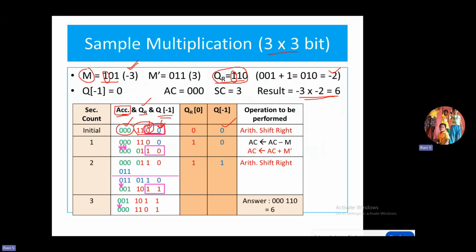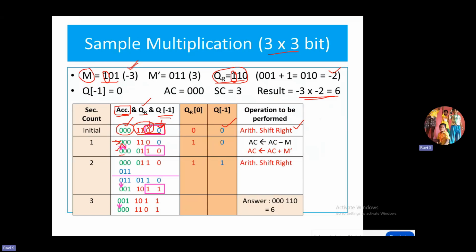What operation is performed for 0, 0? According to the table, arithmetic shift right. No addition, no subtraction, only arithmetic shift right. Arithmetic shift right means keep the sign symbol as such. Don't change the sign. If it is 0, positive, you keep it positive.